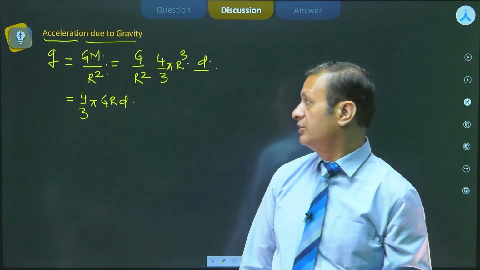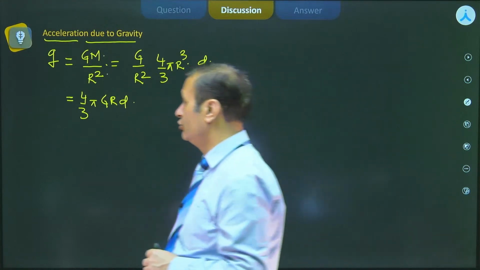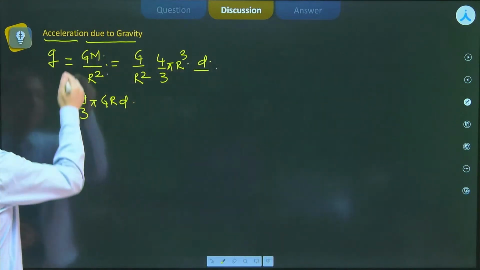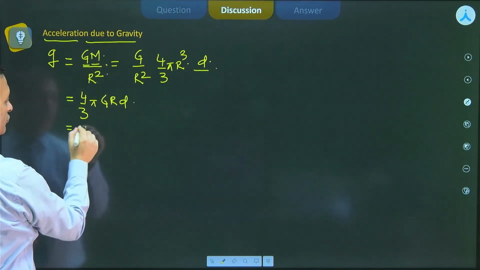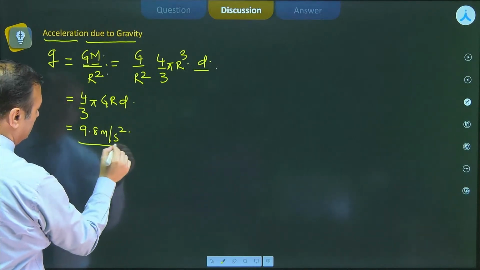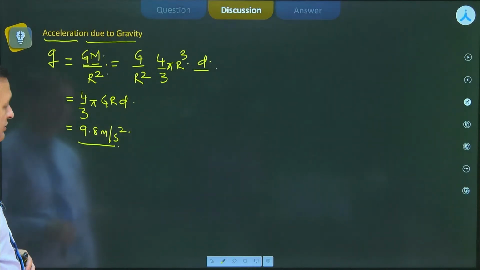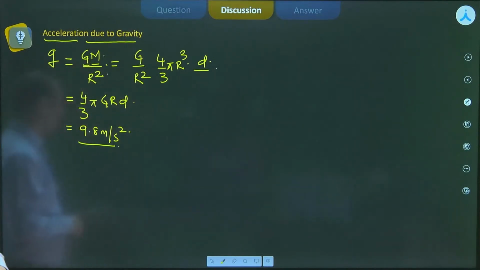Got it or not? So we have another formula for acceleration due to gravity, and when you put in the values of all these variables, you will have the value of acceleration due to gravity, small g, as 9.8 meter per second square, and that value is assumed to be constant at the surface of Earth. Do we understand?